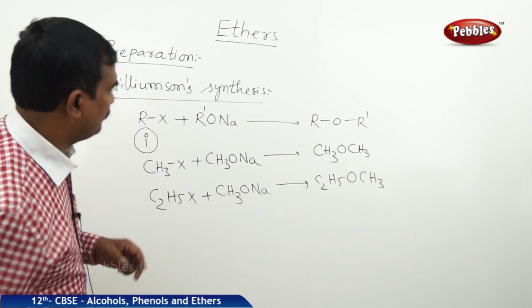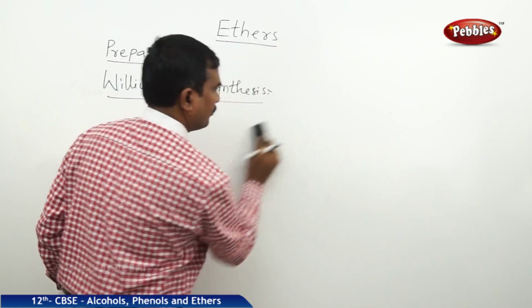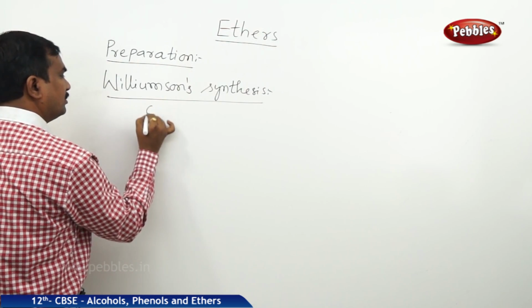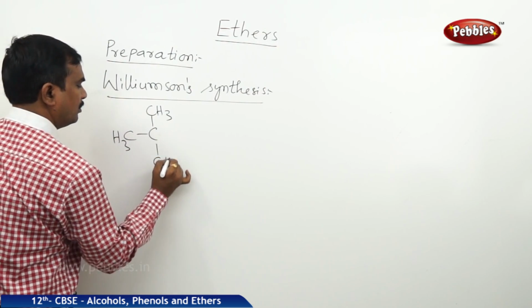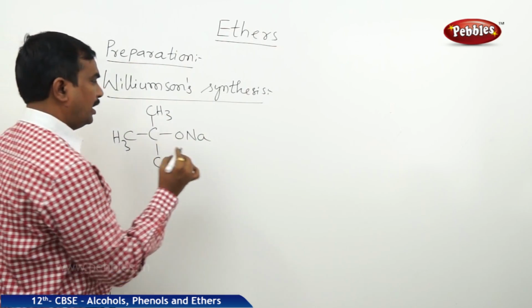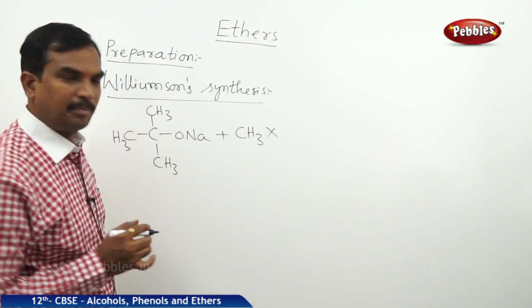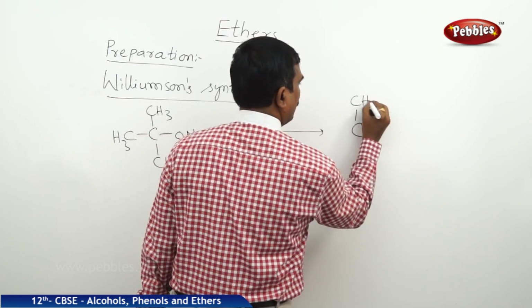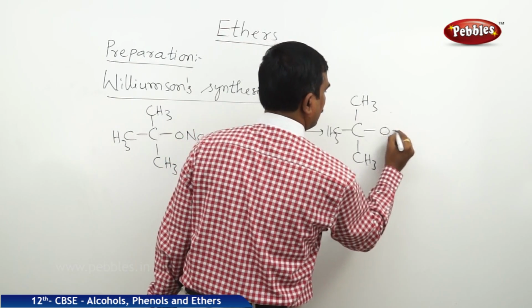If you take, for example, a corresponding alkoxide like this and CH3X, methyl halide, which is primary, we will get the product like this.